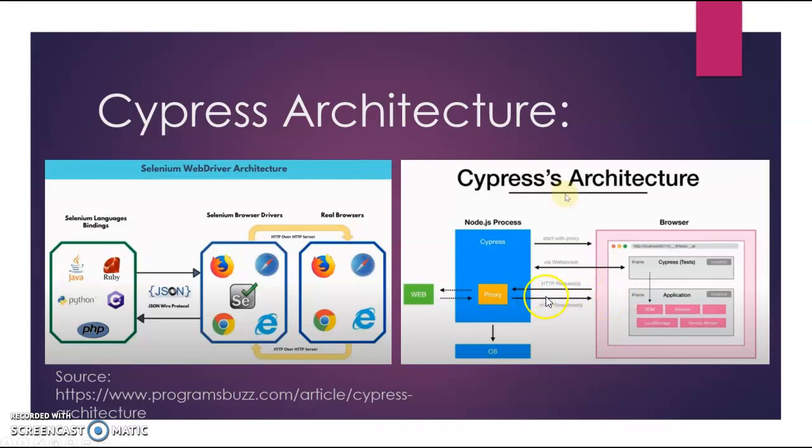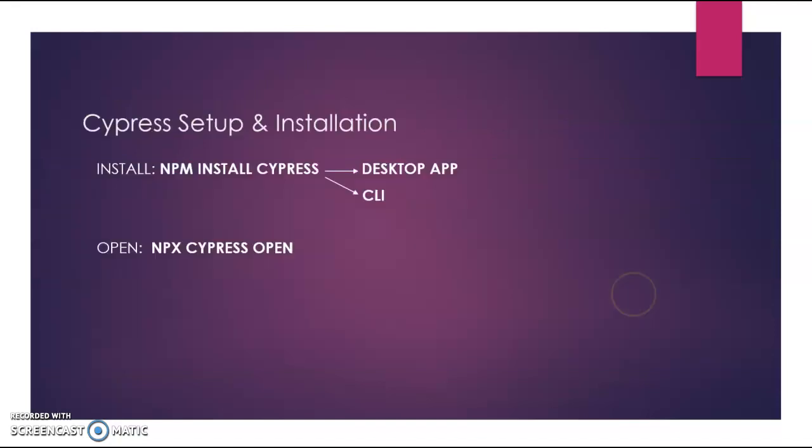They are connected constantly. Cypress has access to the front end and back end of the application. It can also access the DOM, window object, local storage, network layer, browser DevTools, and others.